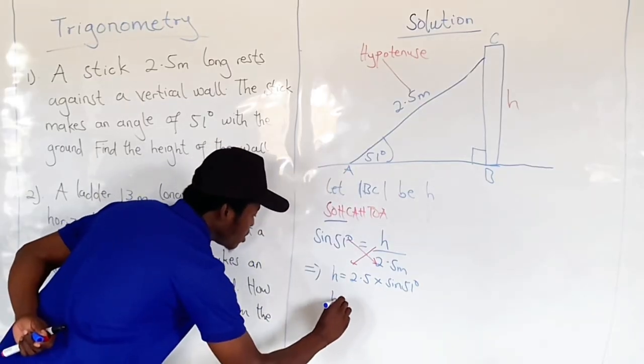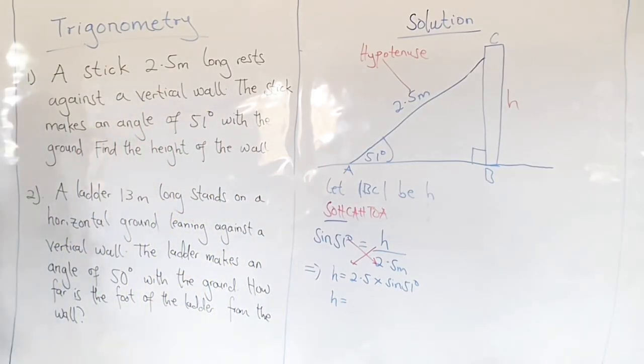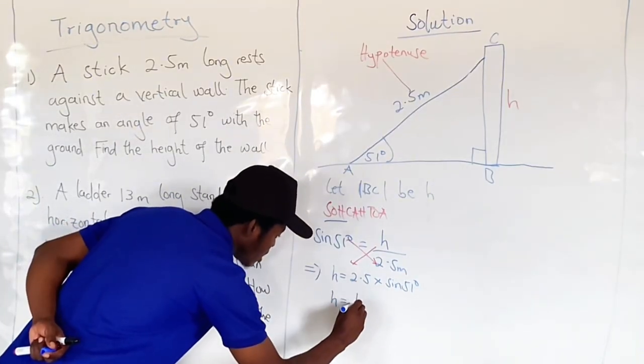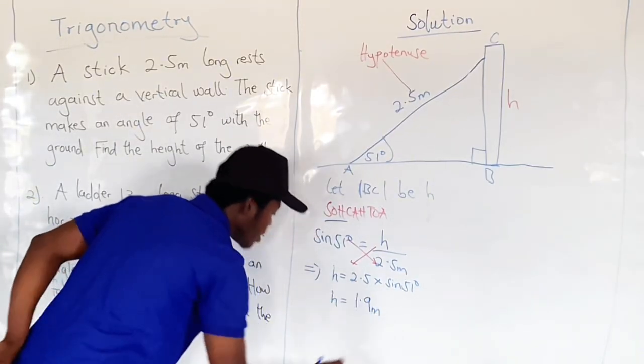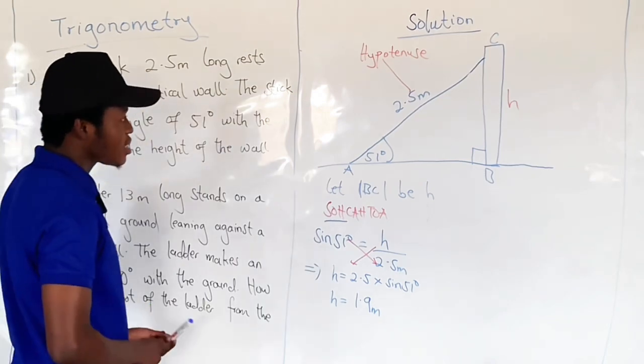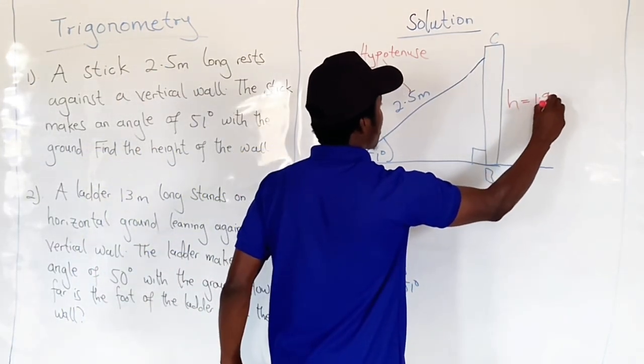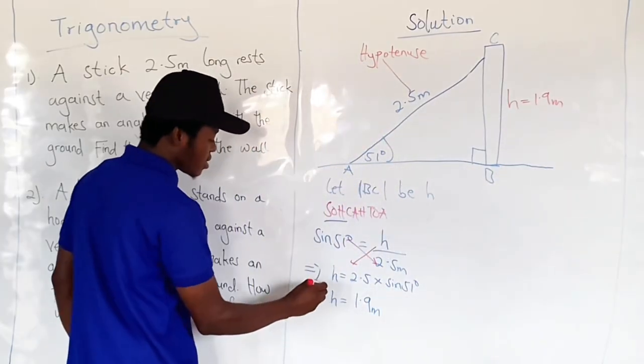Solving this on the calculator, 2.5 times sine 51 will give you the answer as 1.9 meters. So from the calculator, h is equal to 1.9 meters. Let me just write it beside h as 1.9 meters. This is our final answer.